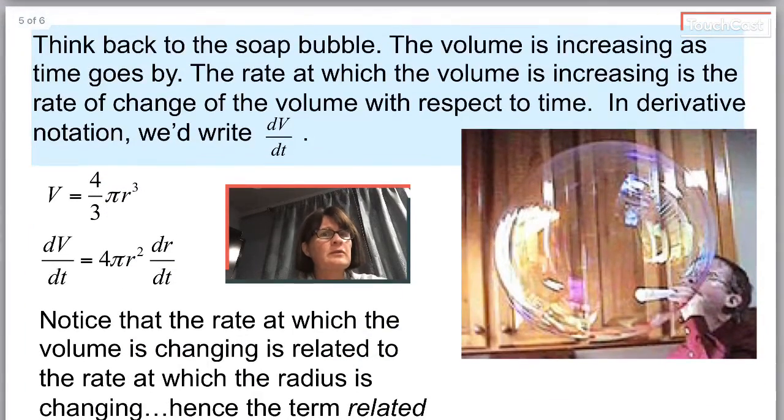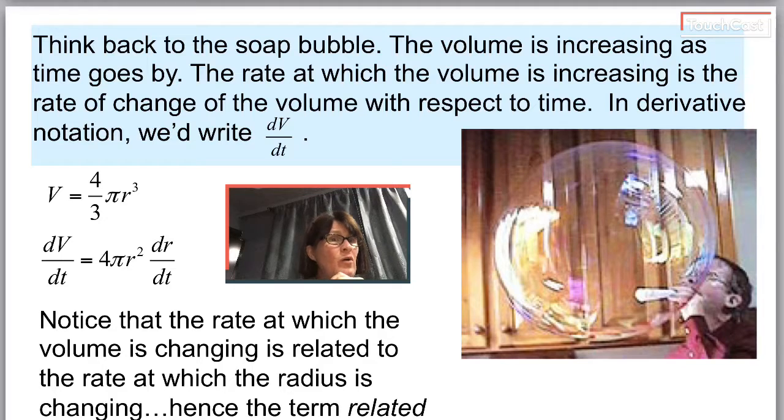So go back to the soap bubble. We know the formula for the volume of a sphere, which we'll assume for discussion this is. The volume is changing as time goes by. So the rate at which the volume is increasing is the rate of change of the volume with respect to time, and in derivative notation we would write dV/dt.